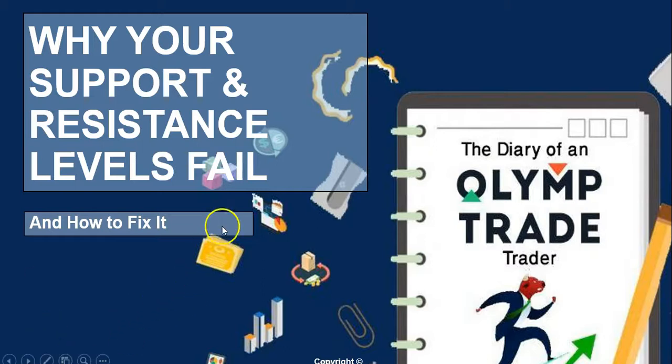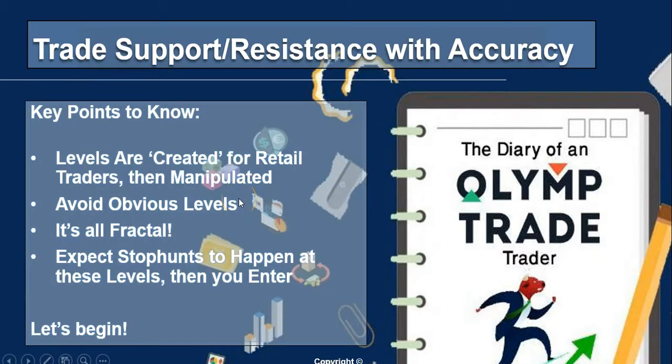So here is what we're going to cover in this video. We're going to go over how to actually trade them with accuracy, and the main points to know here are that the levels are created for retail traders by the liquidity providers, and then they are manipulated at those levels, and we will look at how that's done.